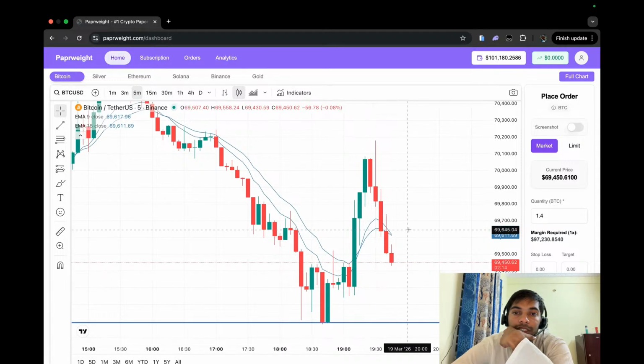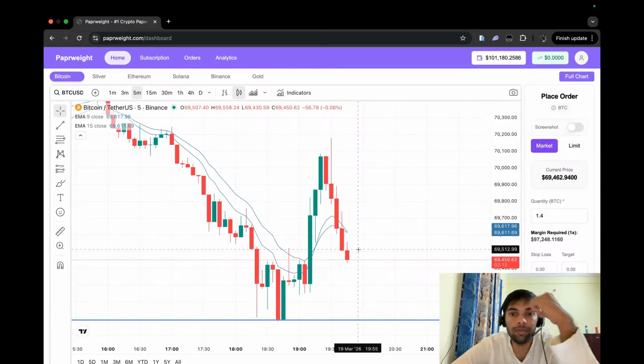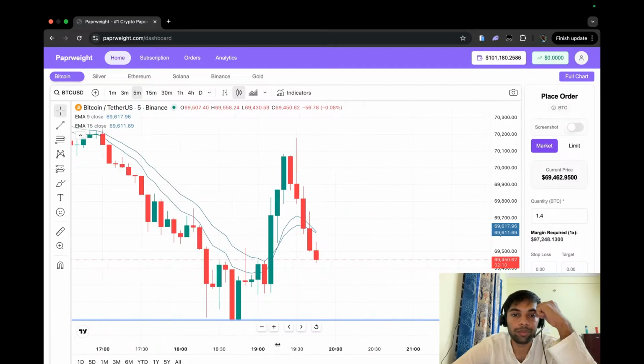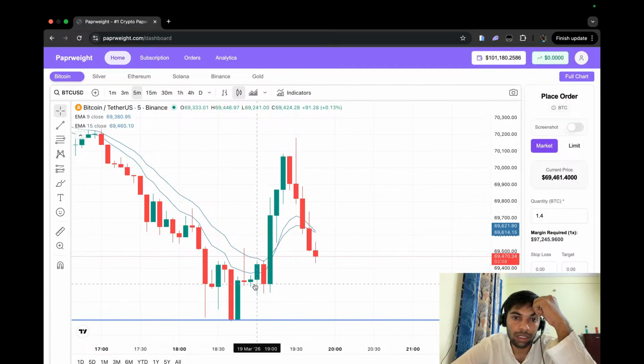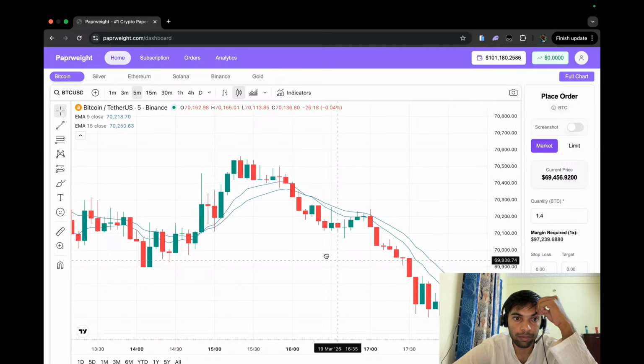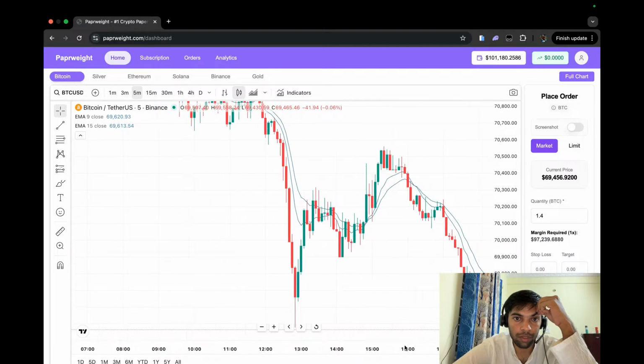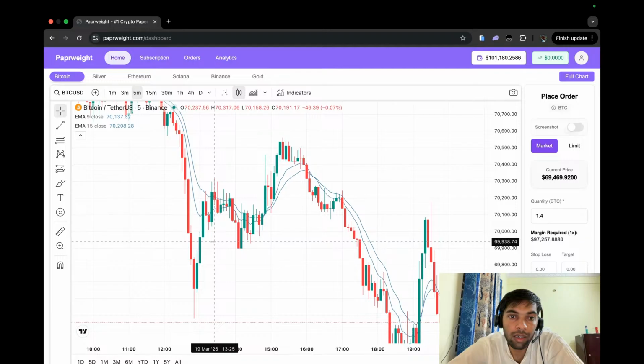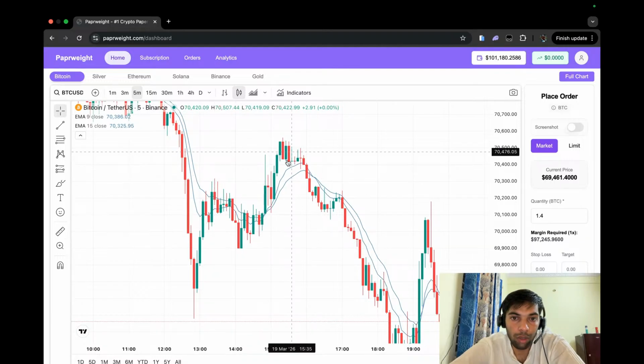Ideally, a pullback is pending in Bitcoin because this is an unusual move, the market has fallen a lot, although the strength of the red candle is diminishing in the downward direction, as you can see. These are good healthy red candles, and it took a huge pullback as well.